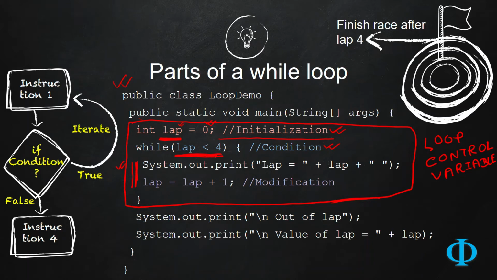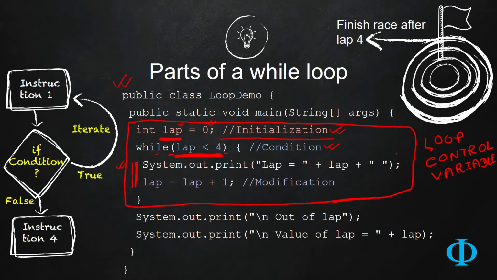If the value of the condition is true, the while loop will execute. If the value of the condition is false, the while loop will break. This part is called the condition, which comes right after the while keyword, in between the opening and closing parenthesis. So that's the second part, the condition.